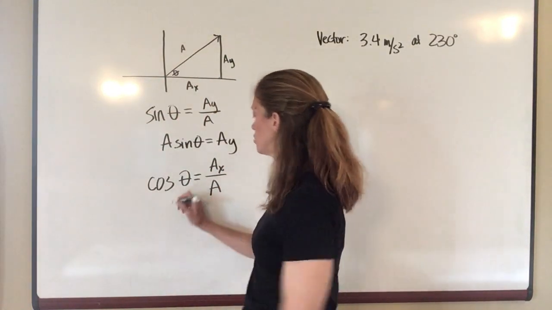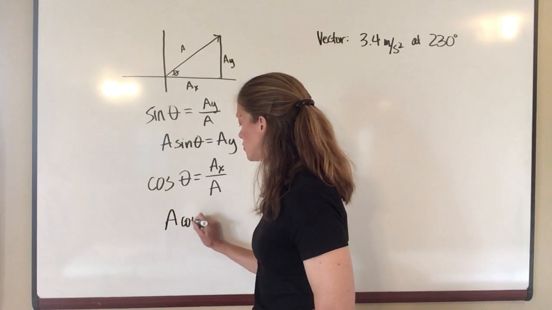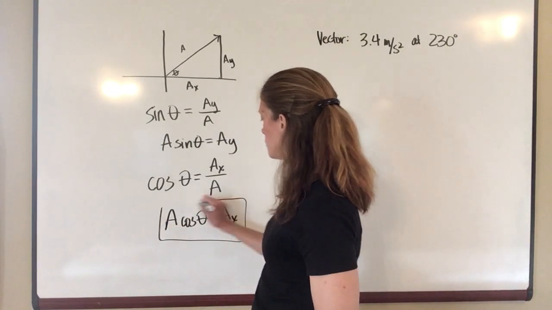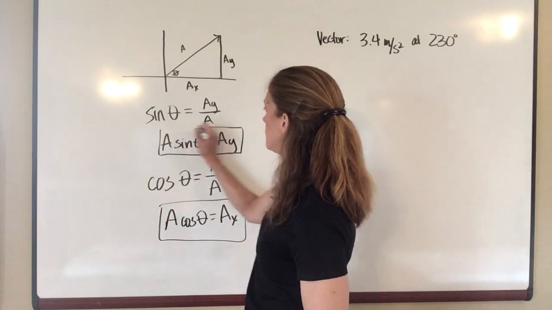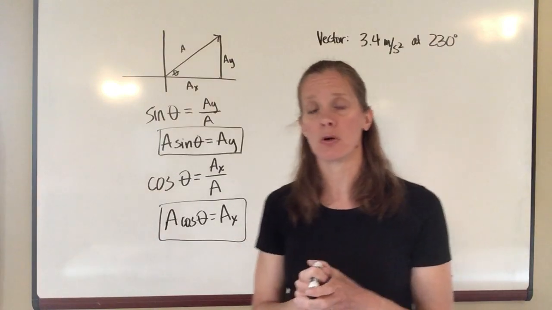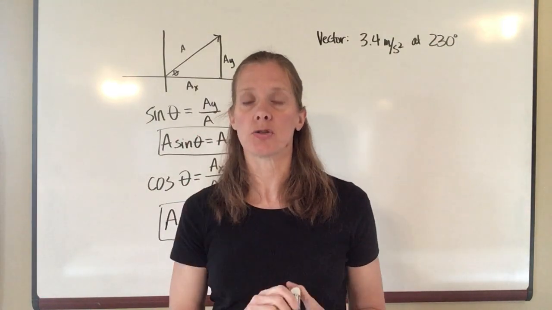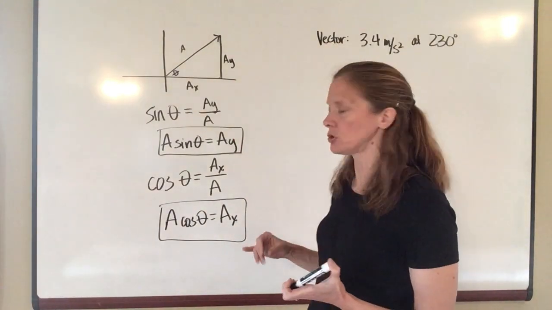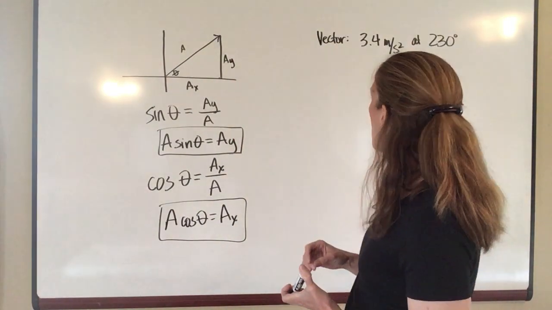And if I rearrange this, A times the cosine of theta is going to give me the x component. So these are the equations that you're going to be using in this section. Hopefully you're remembering to put all these different equations on your little index card so that you can use them on your test later on. So these are what we're going to be using to determine the x and the y component.